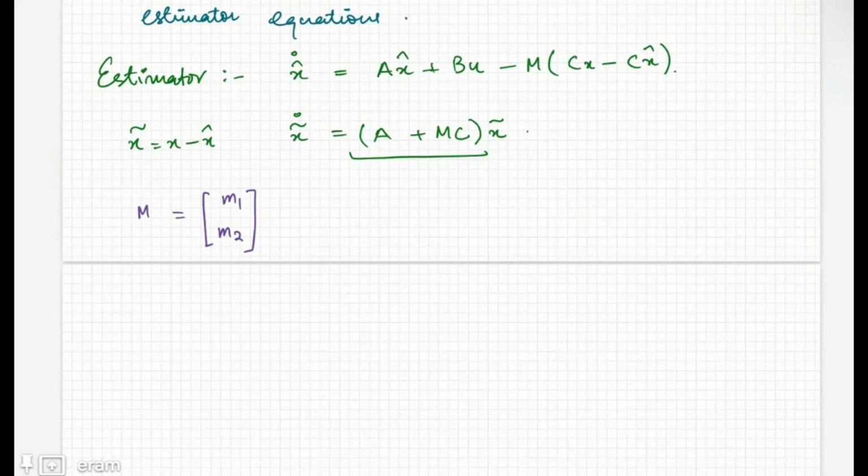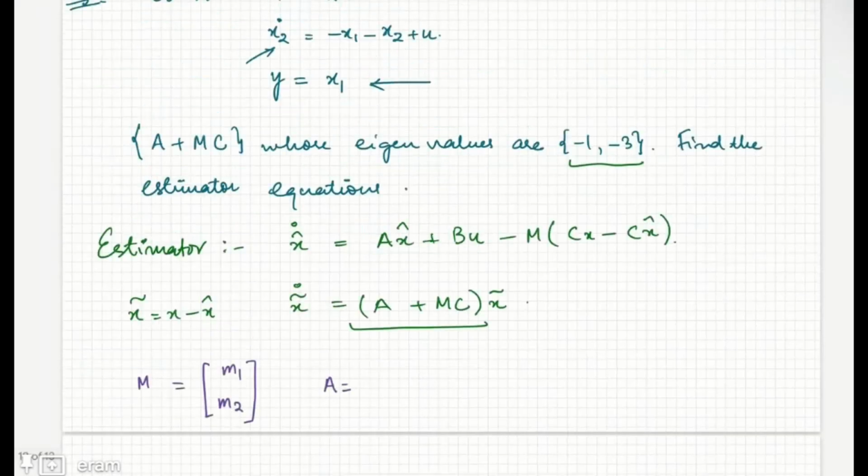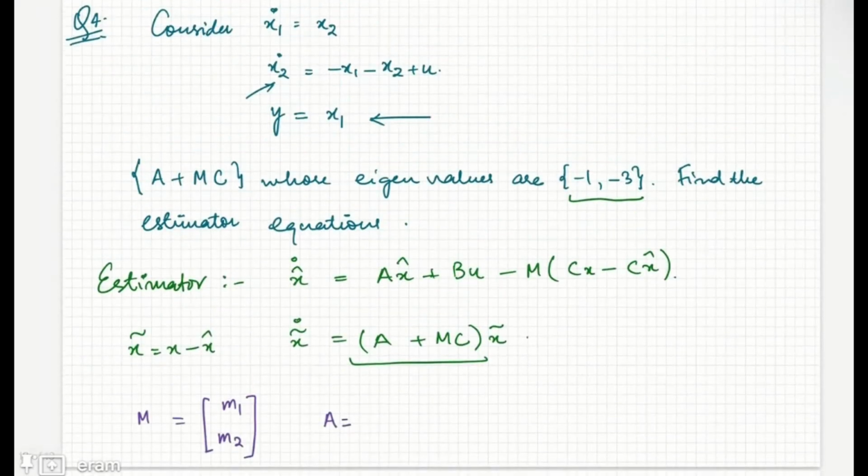And what is A in our case? For our case this is a linear system, so by seeing the state equations we can write our matrix A. For the first one we have no x1, so it is 0. For x2 we have coefficient 1, and similarly over here coefficient of x1 is -1, coefficient of x2 is -1. This is our A matrix.